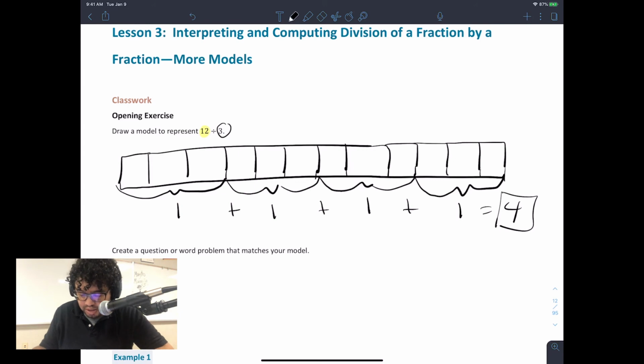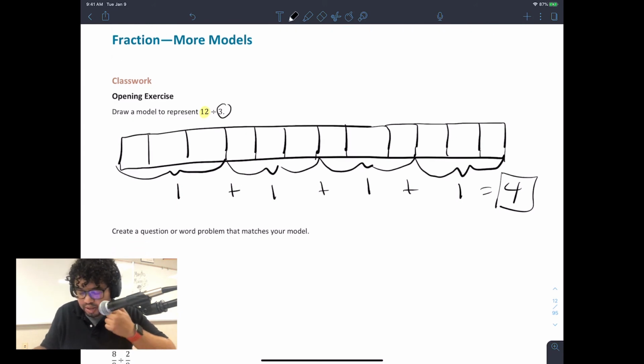Create a question or word problem that matches your model. There are many different scenarios and problems you can create.